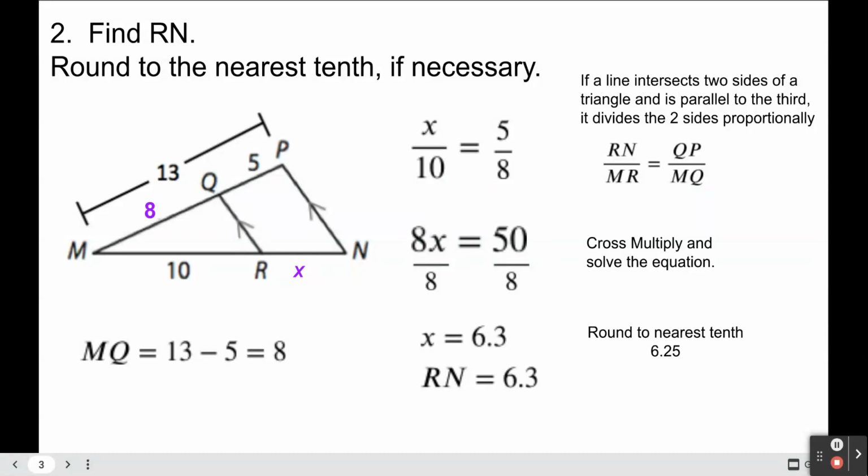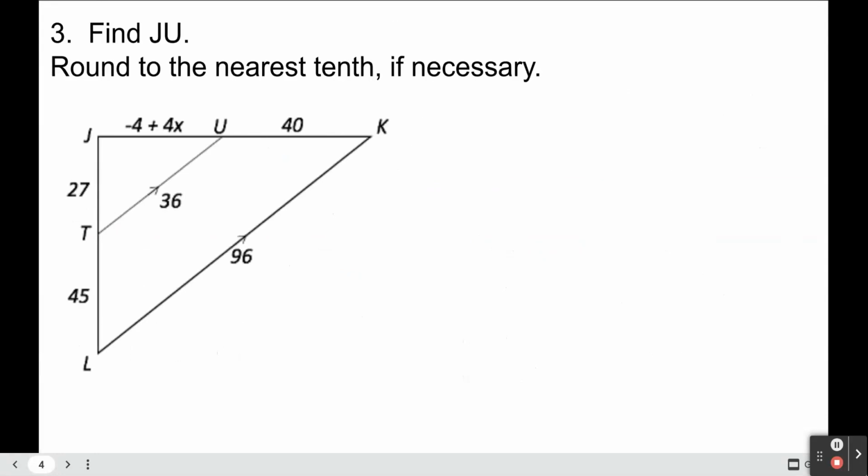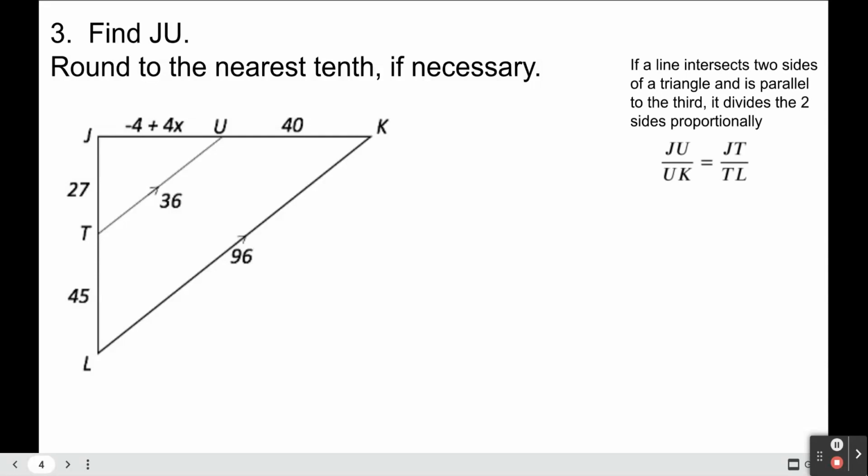Let's look now at example number 3. We're asked to find JU. We're going to round to the nearest tenth. So JU is this side length here. We do have the parallel line to the side of the triangle. So that means these are divided proportionally.